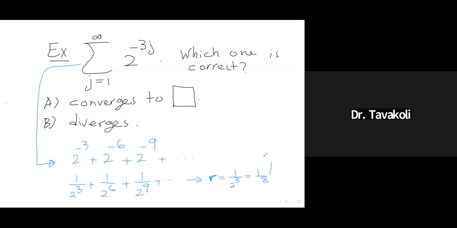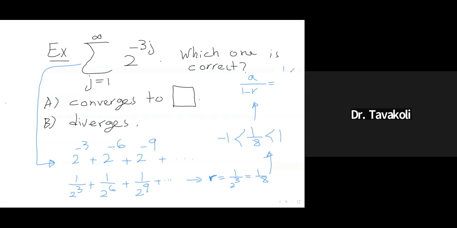And this is 1 over 8. Obviously, 1 over 8 is between minus 1 and 1, so the series is convergent. The geometric series is convergent. It converges to what? The first term over 1 minus r. What is the first term? The first term of this series is 2 to the power of minus 3 or 1 over 2 cubed or 1 over 8.